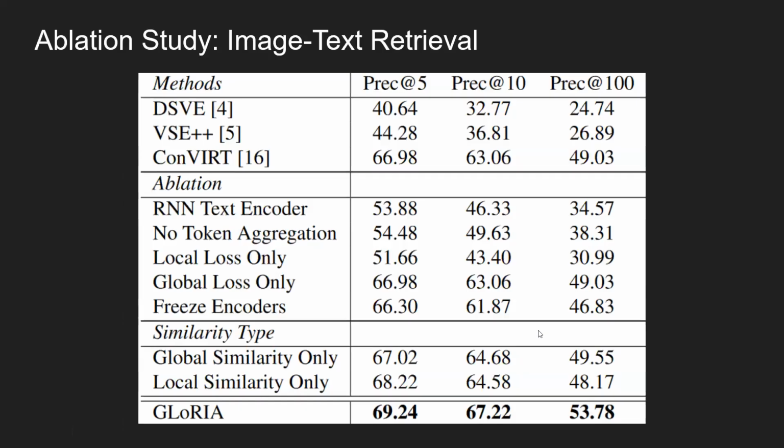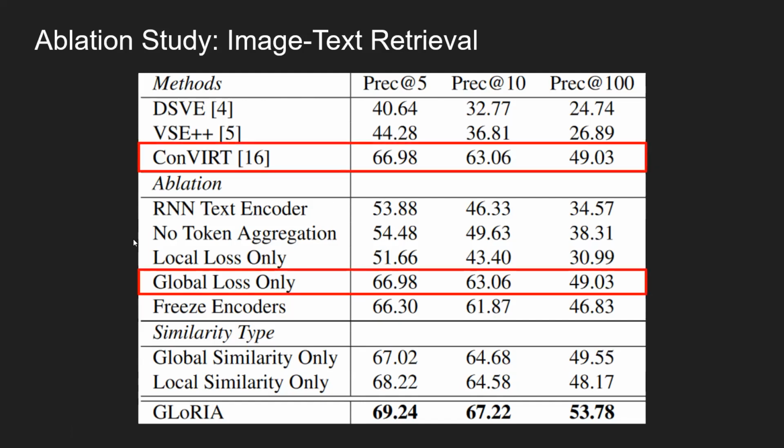Then for image text retrieval, we can see that GLoRIA once again outperforms the previous methods. One of the things I want to note again is that ConVIRT and the global loss only version of GLoRIA perform identically, and that is because GLoRIA's main contribution is this local loss.